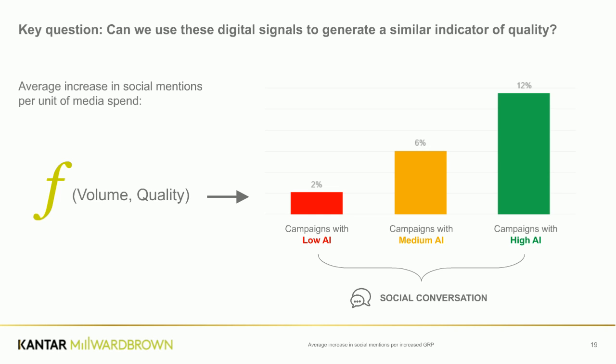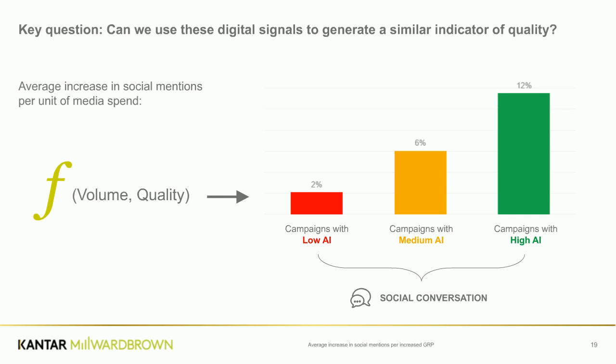And so again, the nice thing is that that does seem to be the case, particularly when we look at social conversation. So if we take all of the campaigns in our original data that we know from the survey research do either well or poorly in market, we can split them into campaigns with a high AI or a low AI or somewhere in the middle.